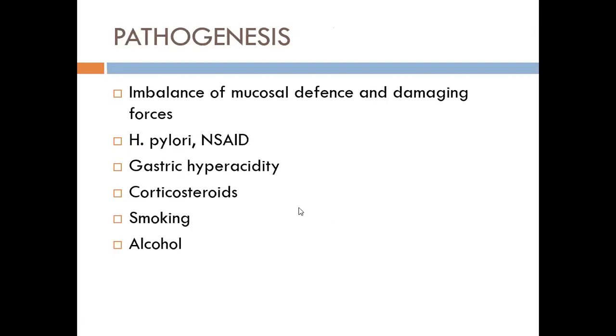So H. pylori infection, non-steroidal anti-inflammatory drugs, gastric hyperacidity, corticosteroids, smoking, and alcohol are all predisposing factors for the pathogenesis of peptic ulcer disease.